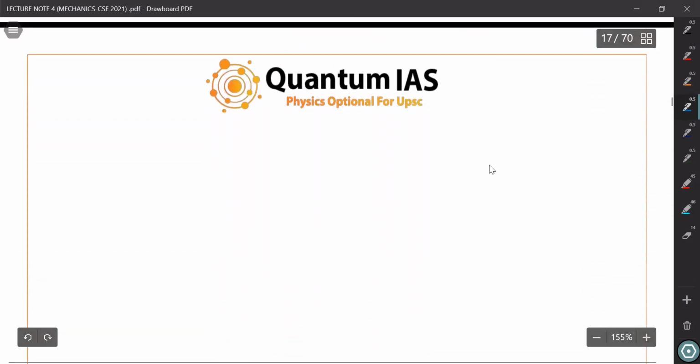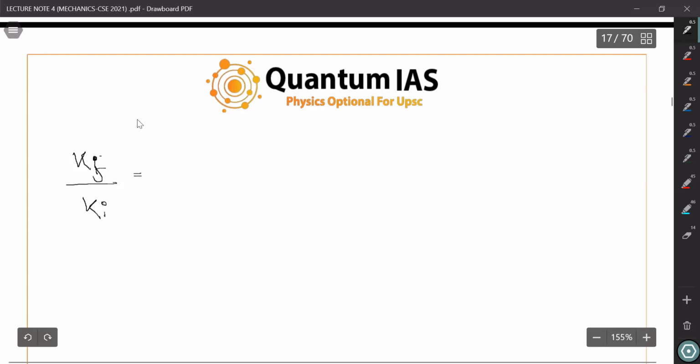One more thing. Let's decide kinetic energy final upon kinetic energy initial. So what will happen if we write the kinetic energy initial to the final ratio?